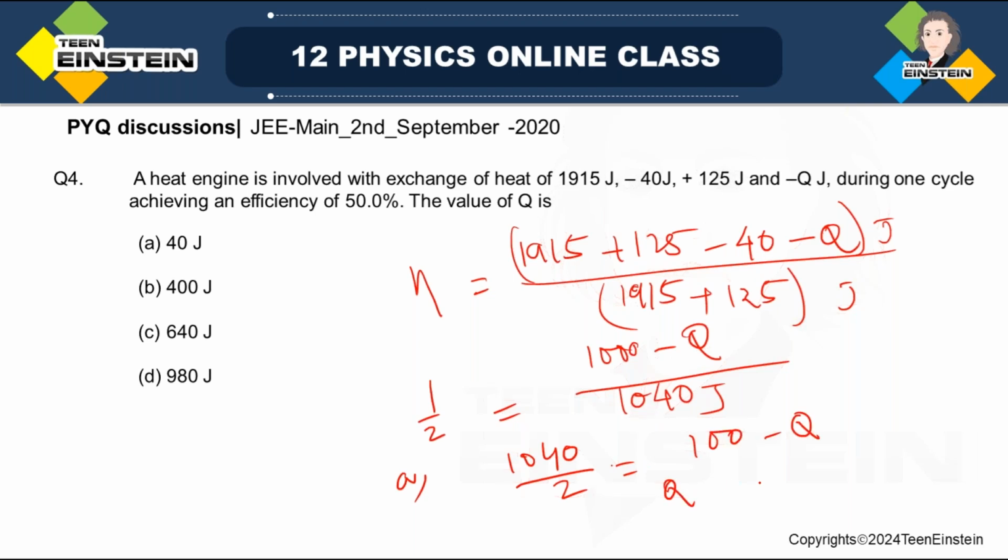So q, if I bring this side, this will be 520. This is 1000. Okay, so 1000 minus 520.